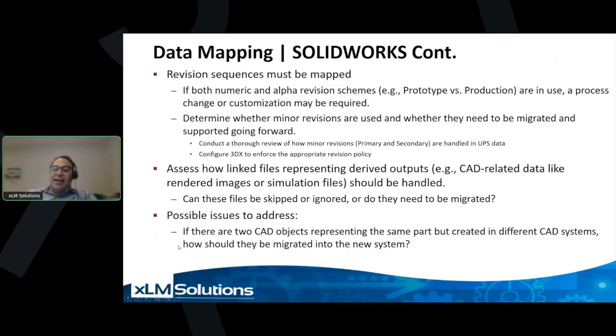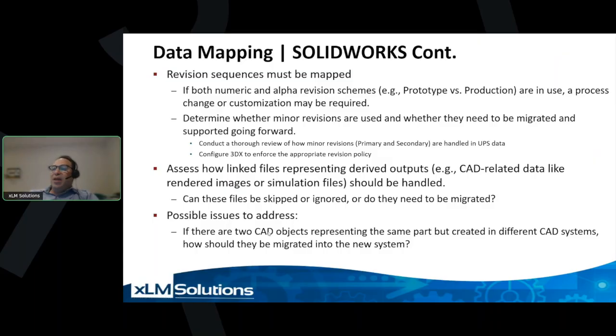And then finally, I always bring up this case. I don't know how applicable it is, but I believe it is a case that should be addressed. Remember, SOLIDWORKS is using the UPS data model, but there are cases where people have multiple CAD files that represent the same item.